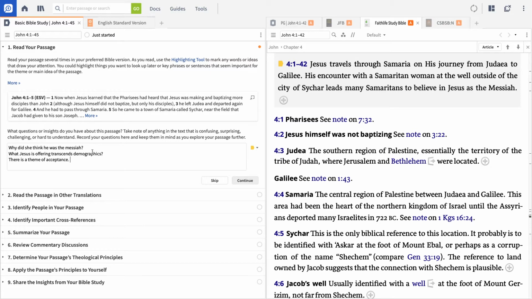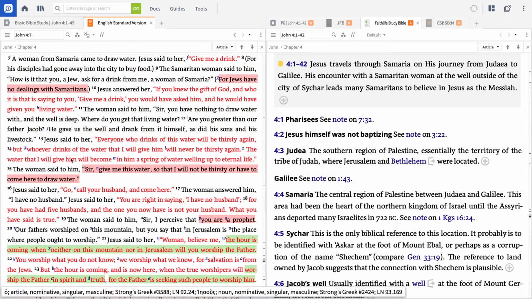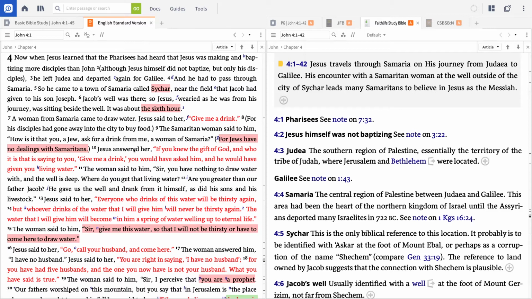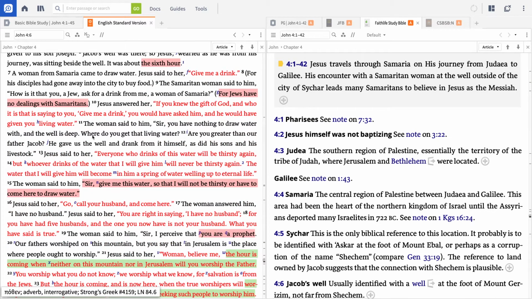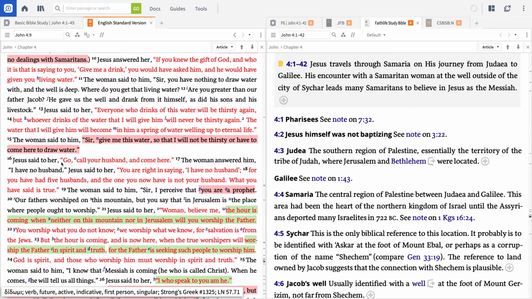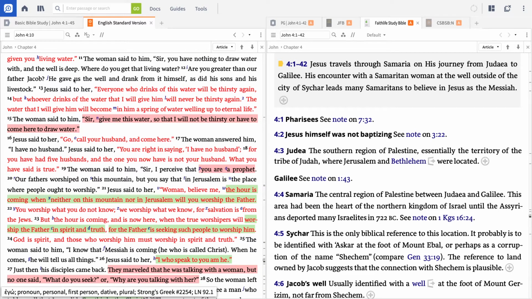And then, of course, we have the living water, which is, of course, the important message of this passage. Probably the most famous part of this passage as well.